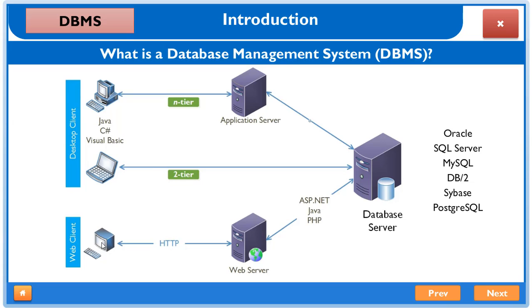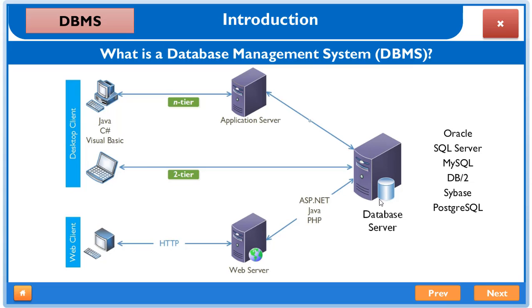And in another side, these are clients. The client can be a web client or a desktop client. A web client is a browser-based client that uses Hypertext Transfer Protocol or HTTP to interact with a web server, which in behind talks with a database server.